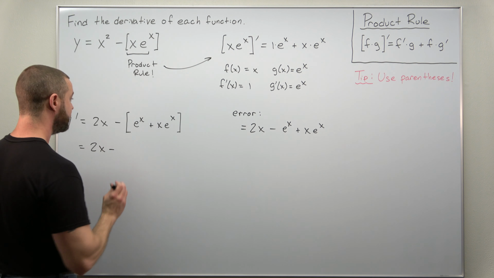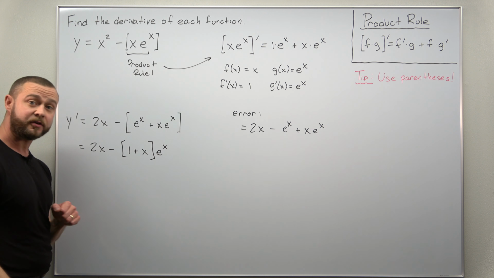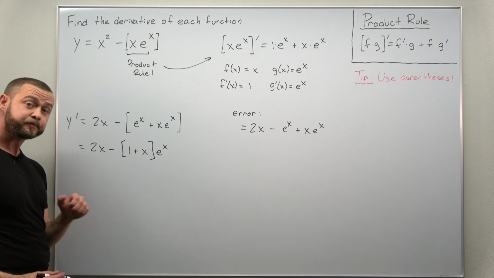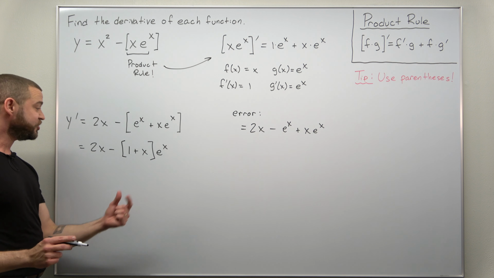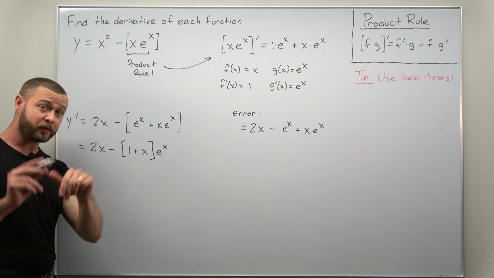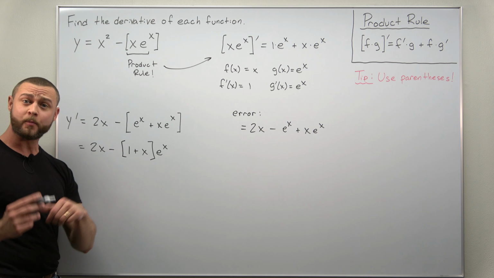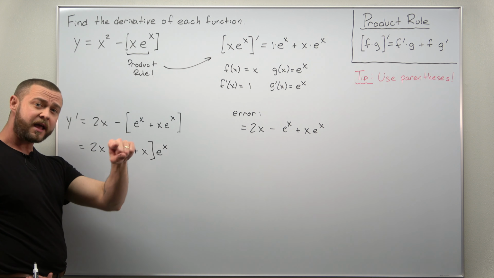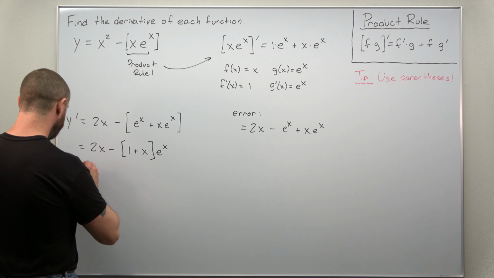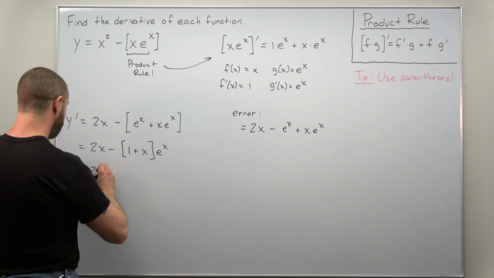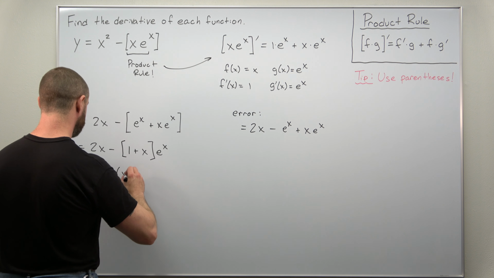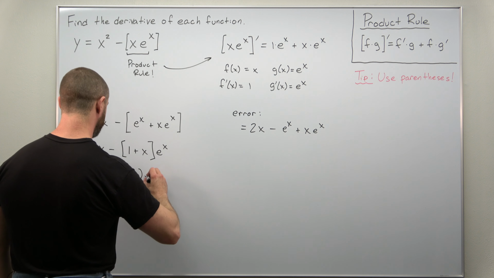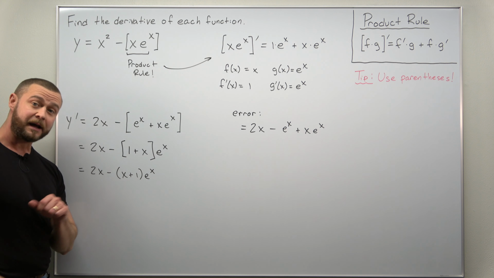If you want, you can keep it with square brackets, and put your factor of e to the x on the outside like that. Let's just go ahead and change the square brackets to a normal set of parentheses. That's probably more standard notation. And then we'll switch the order of the 1 and the x since we're adding. And we'll write this derivative as 2x minus x plus 1 times e to the x.